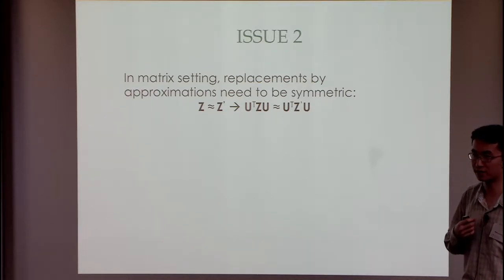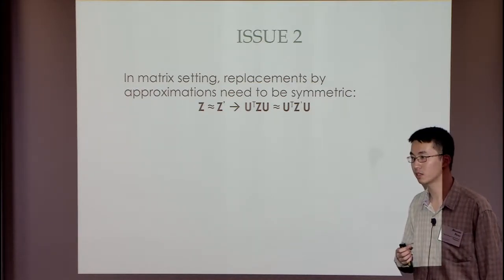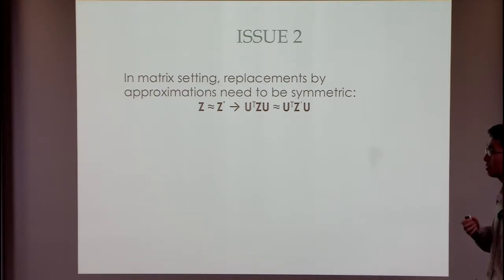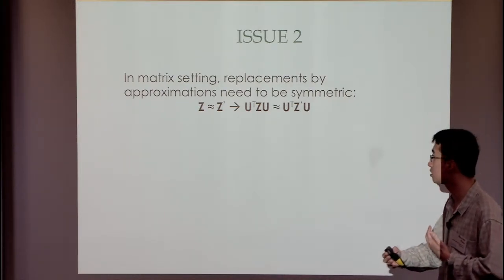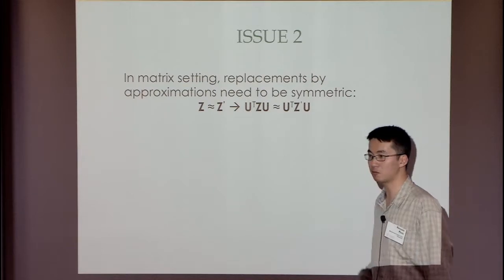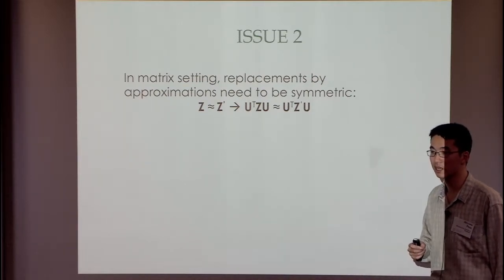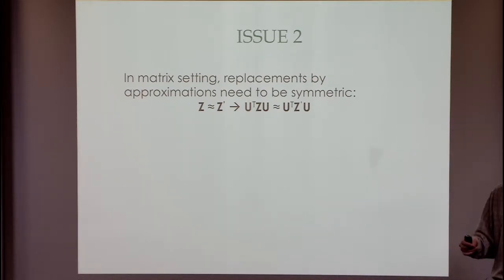And in the matrix case, there's a big issue, which is that when I want to replace by approximations, the terms around what I replaced need to be symmetric for me to claim that the same kind of error guarantee carries over. So if I want to replace Z with Z prime that's similar to Z, I need to have U and U transpose around Z. So the part around my expression needs to be symmetric.